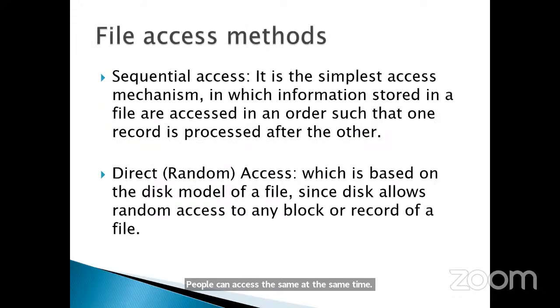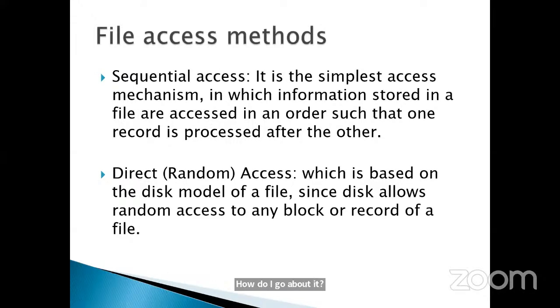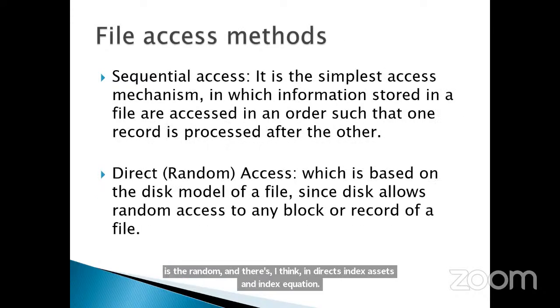Then the next thing is file access methods. Because I want to access a file, how do I go about it? There is the sequential access, there is the random access, and there's, I think, indirect index access and index sequential. Let me try and explain.